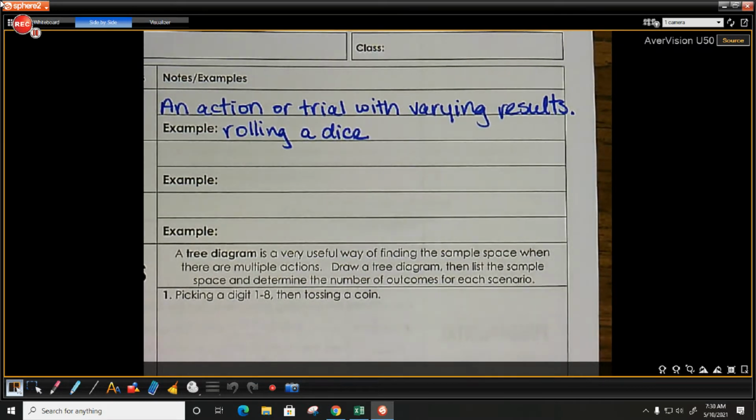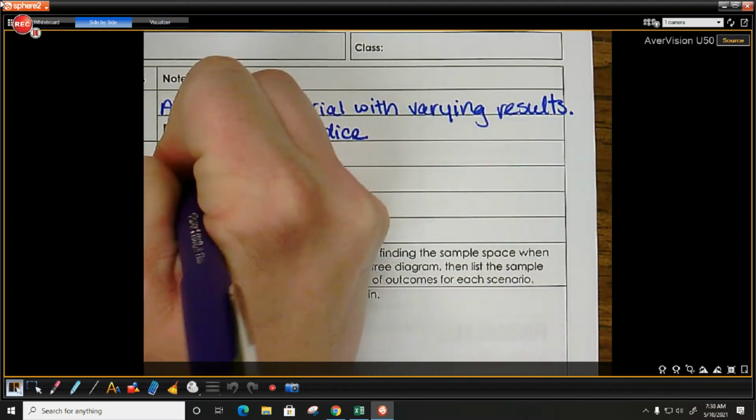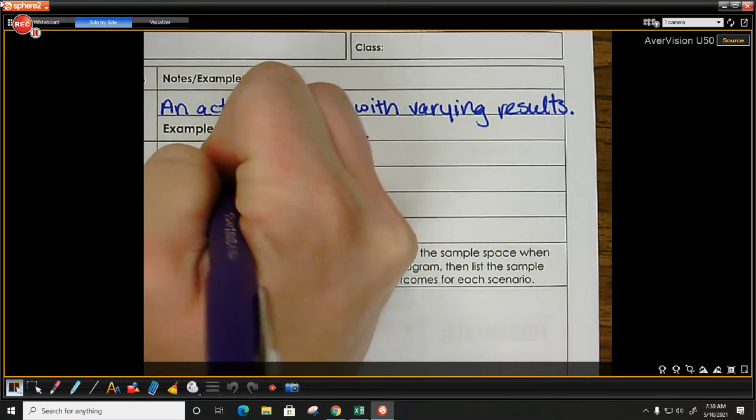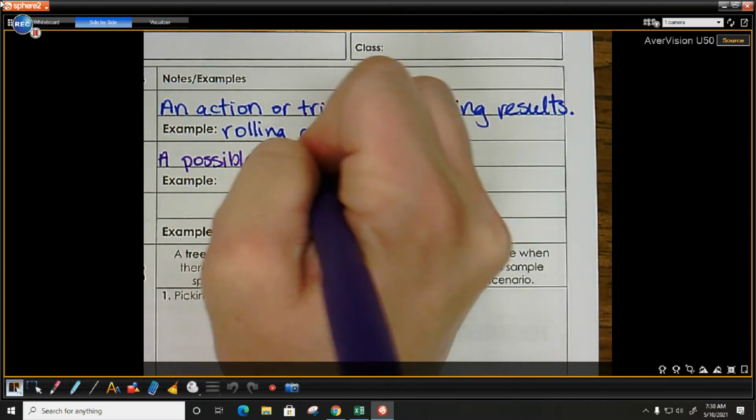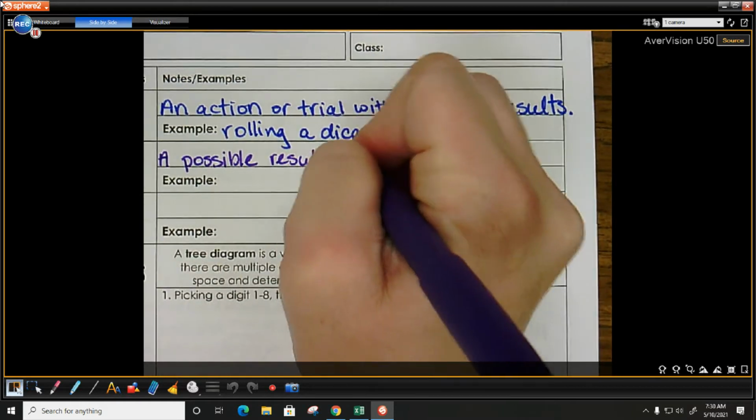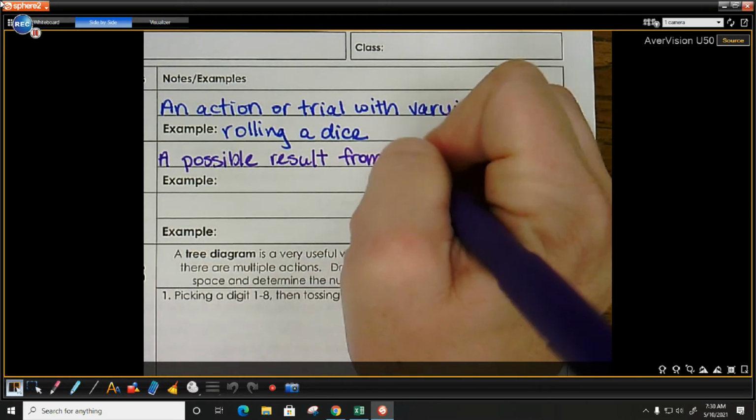Okay, next is an outcome. An outcome is a possible result from the experiment.